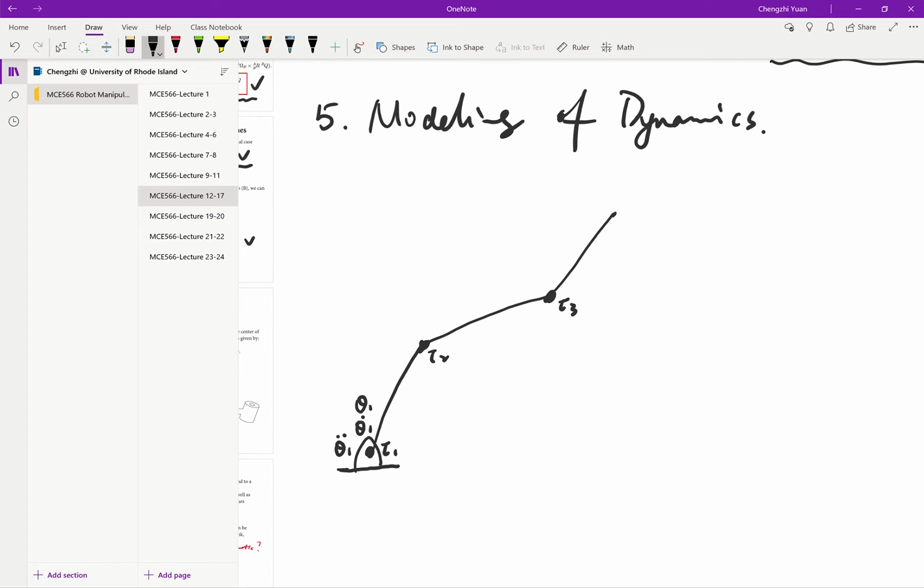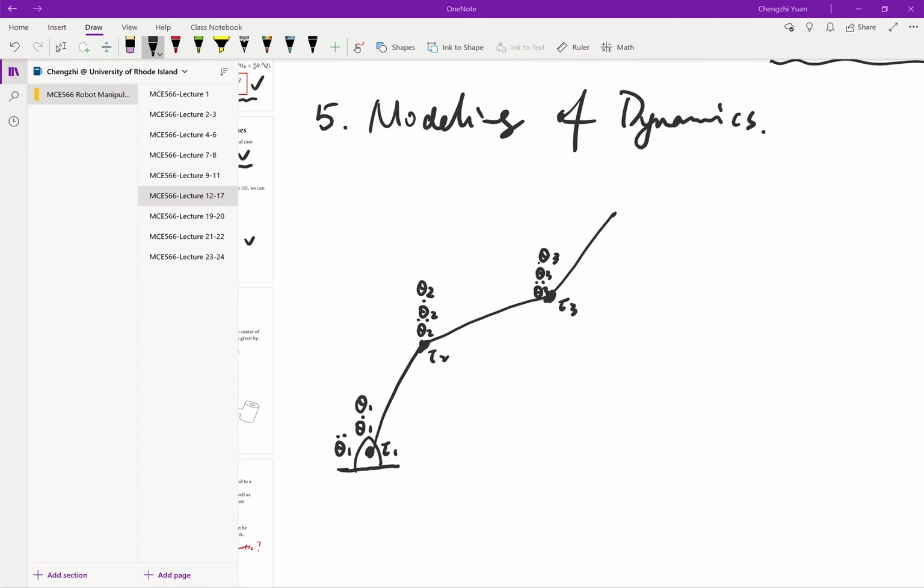And likewise theta 2 position, velocity, acceleration, and theta 3, theta 3 dot, theta 3 double dot. Given all this information, we want to calculate how much torque tau 1, tau 2, tau 3 we need to generate in order to follow these desired trajectories.